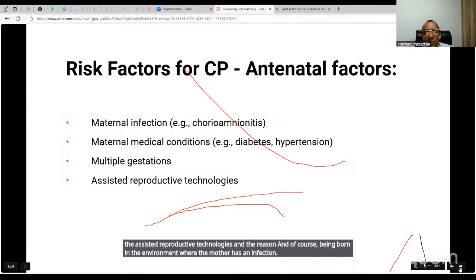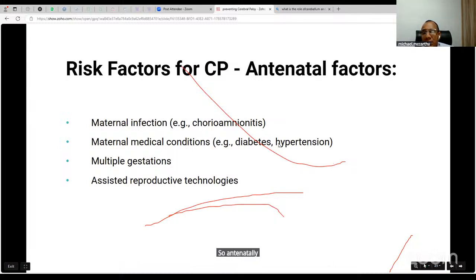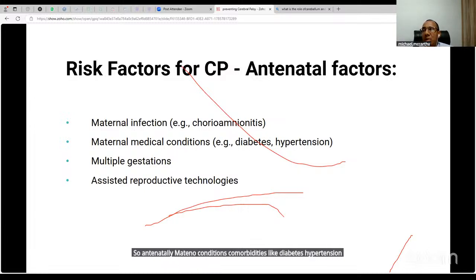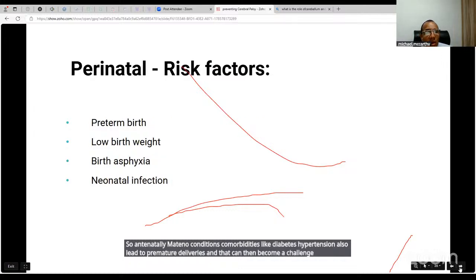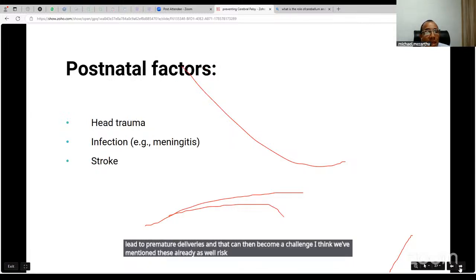So antenatally, maternal conditions, comorbidities like diabetes, hypertension, also lead to premature deliveries, and that can then become a challenge. I think we've mentioned these already as risk factors around delivery, and then those after delivery, we have mentioned also.